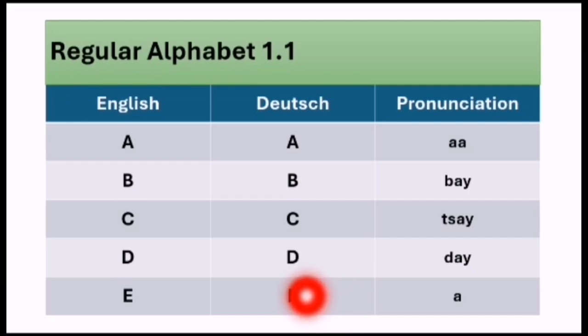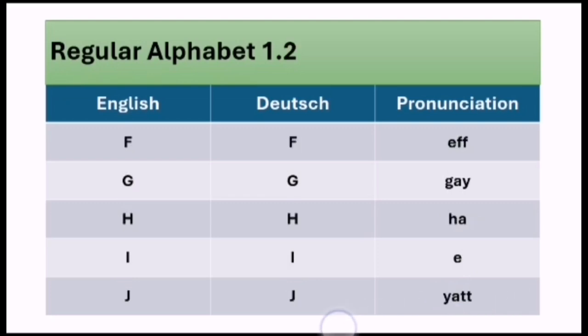So it is not dee, it is day. E, we write the same as in English, but we pronounce it ay. So A, B, C, tse, D, day, E, ay. Okay, like this. This is the pronunciation box. Next slide.